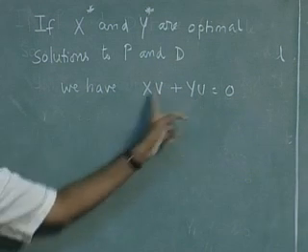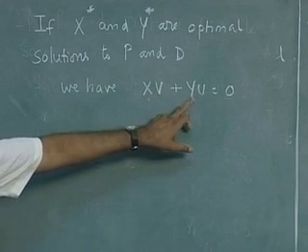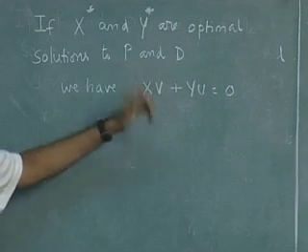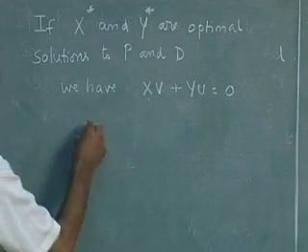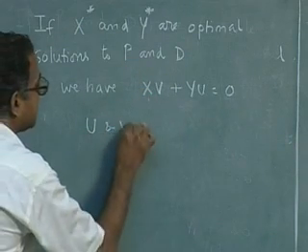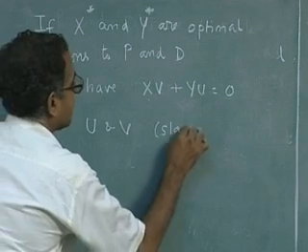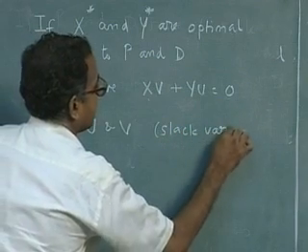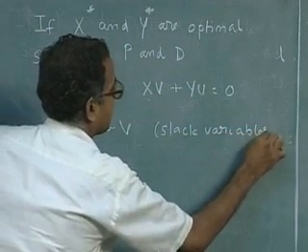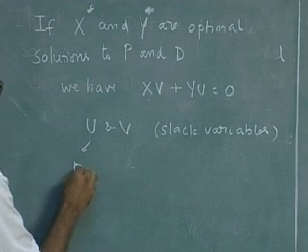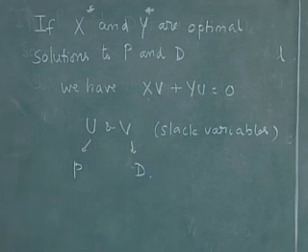We have to define what these v and u are. x and y are the solution vectors corresponding to primal and dual respectively. u and v are also vectors which are slack variables corresponding to primal and dual respectively.